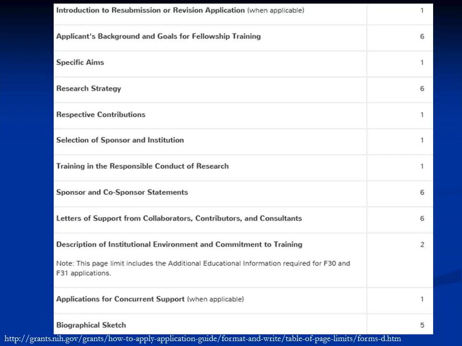Each of these sections have specific page limitations. For instance, the specific aims page is 1. The application will not go through the electronic submission process if you're over the page limit. So be very cognizant of these required page limits.